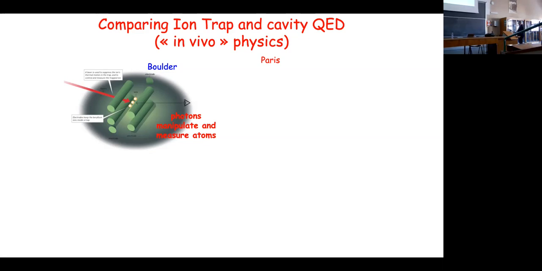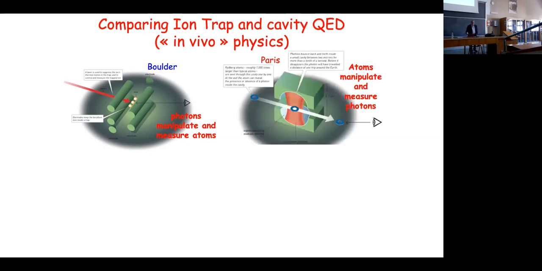This is the kind of physics which was pioneered in Boulder. And at the same time in Paris, we were doing the opposite. Instead of trapping the atoms, we are trapping the photons. So the photons were trapped inside the cavity, and we used a beam of atoms going across the cavity to manipulate the photon field and to detect what happened to the photons. So you see, it's just the two sides of the same medal.